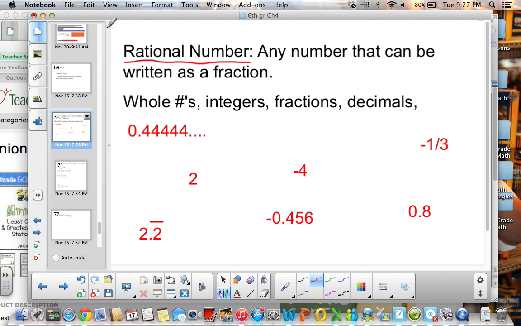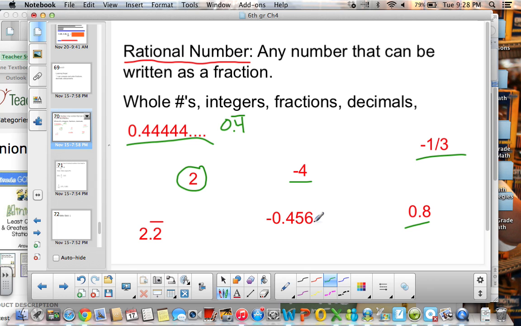There are tons and tons of rational numbers. Rational numbers include whole numbers. Here's an example of a whole number. Integers, fractions, decimals. We have repeating decimals, because 0.44 is the same as 0.4 repeating.